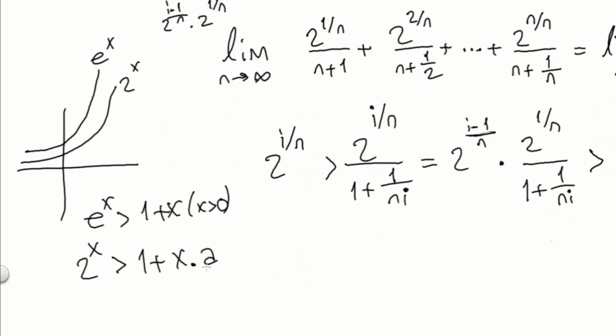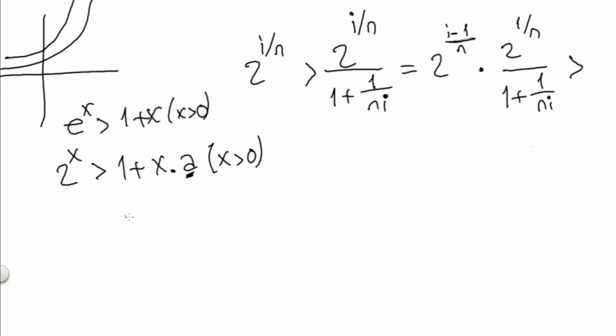I can pick any a. It can be just 0, and this would be true, but I can do better than that. Now my goal is to find such a.